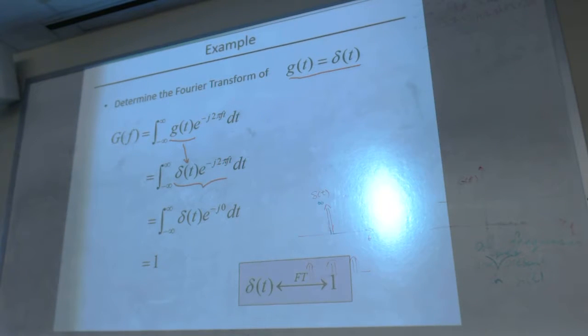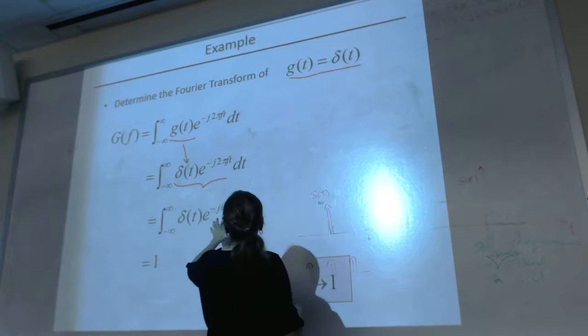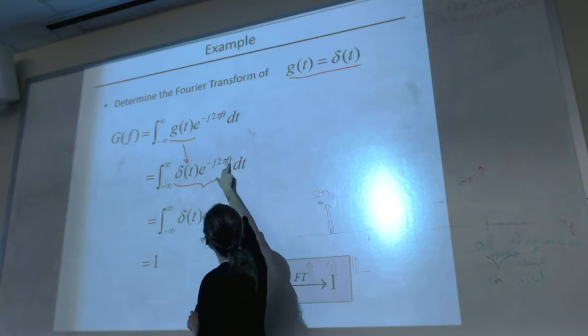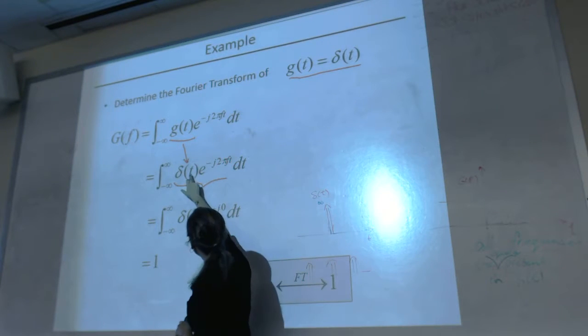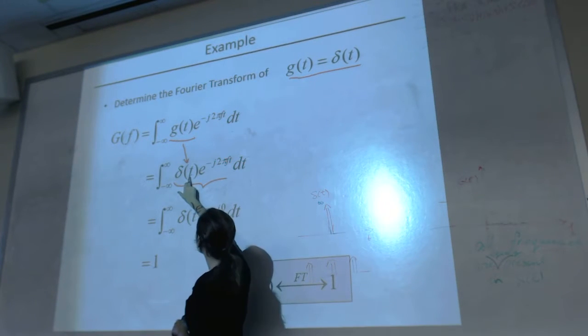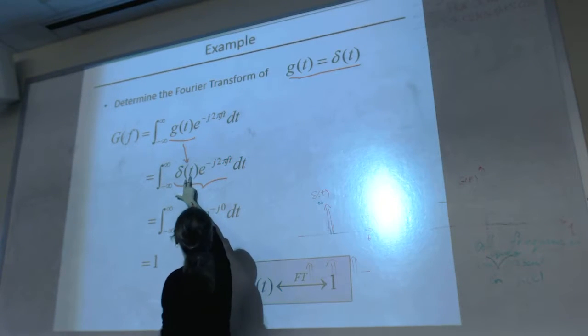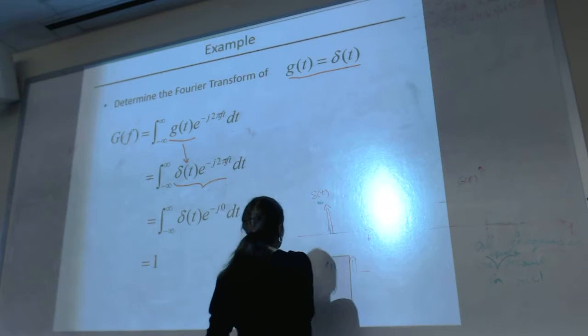On your third line in the integral, is it e to the negative j0 because there's only one case of this, so the frequency is 0? No, because you put t equal to 0. Because you are multiplying delta, look at the argument of your delta. Delta is in time, and t, you put t equal to 0.